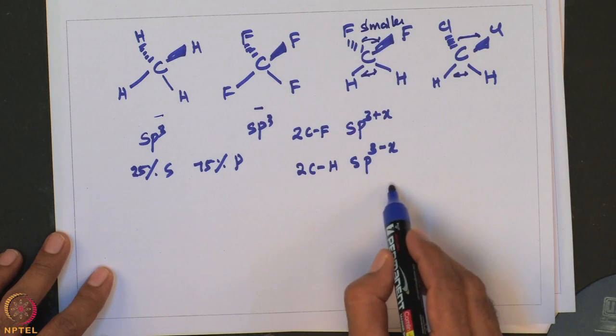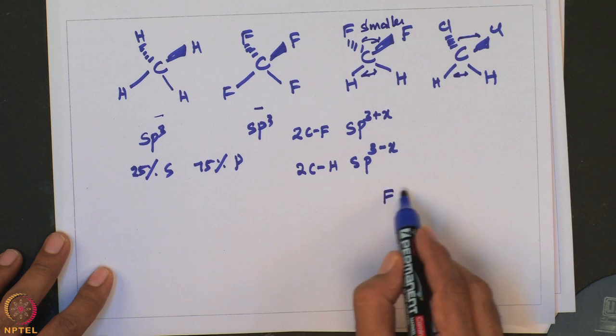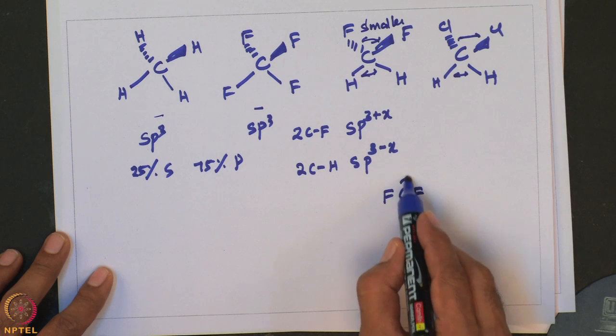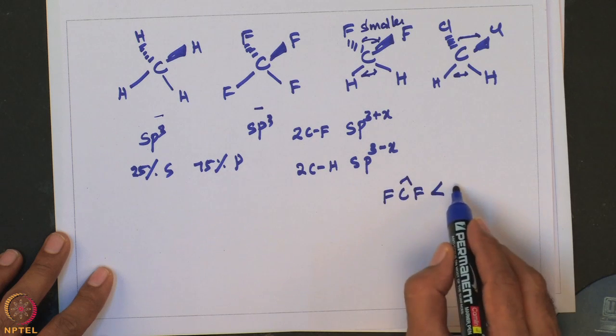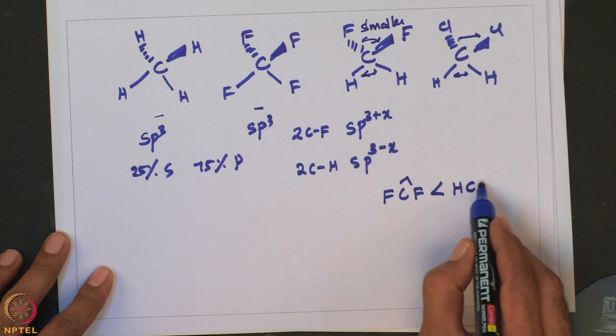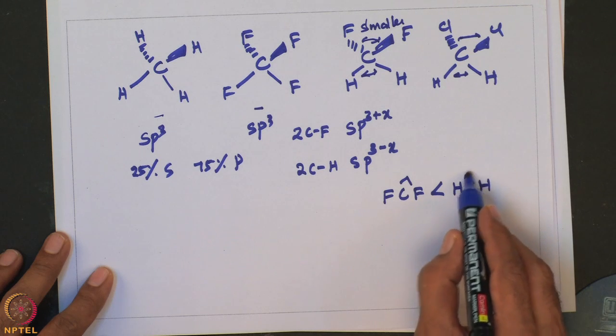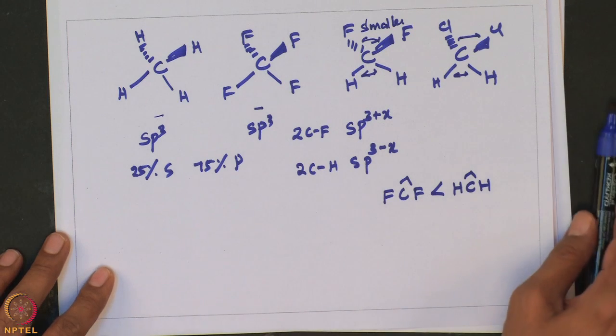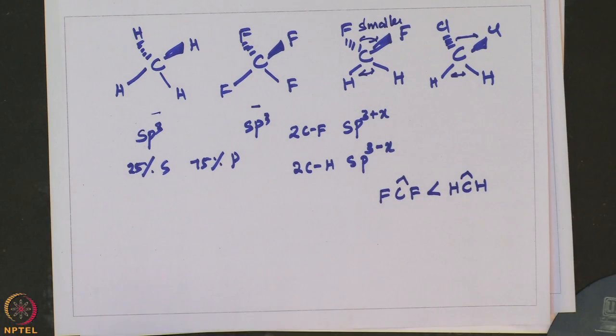That means, I can say FCF angles are smaller than HCH angles. In fact, this is more pronounced in case of pyramidal molecules of phosphorus, arsenic and antimony.